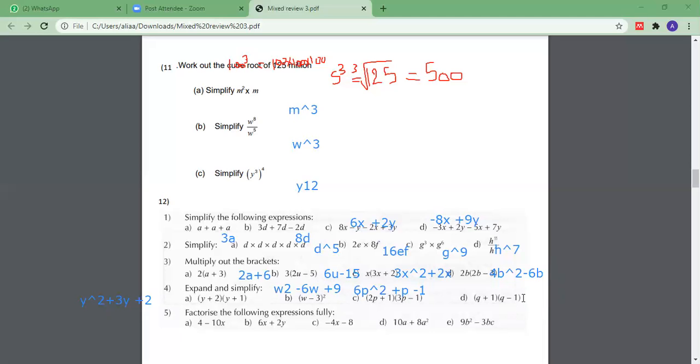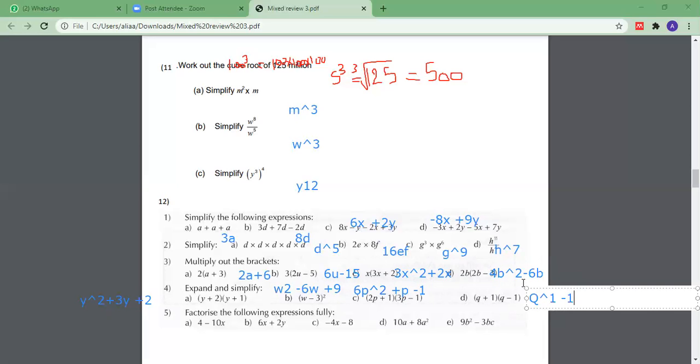Okay, here it will be q power 2 minus 1. Just this. This is the only answer. You can't write any other answer, okay?